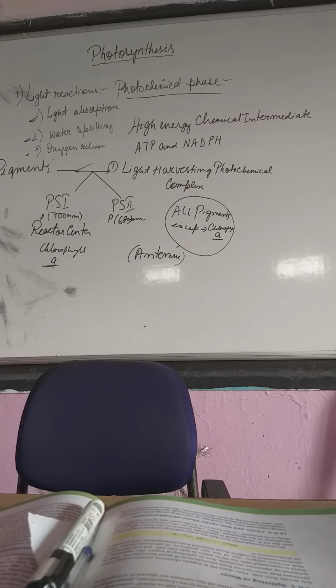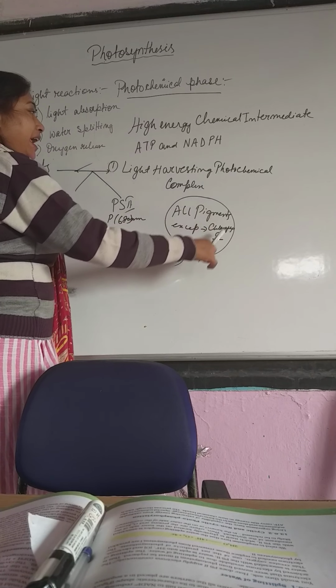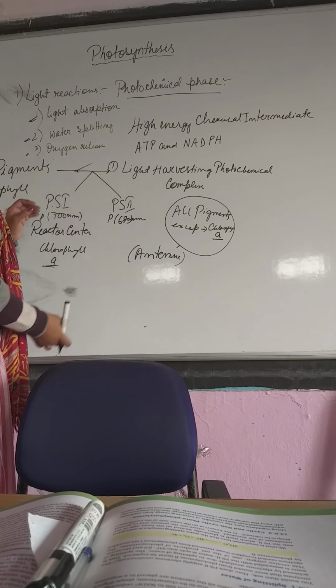Now you see, in other classes we were dealing with pigments, and I told you that chlorophyll A is primarily responsible for photosynthesis, but all the other pigments together are present in two different places.